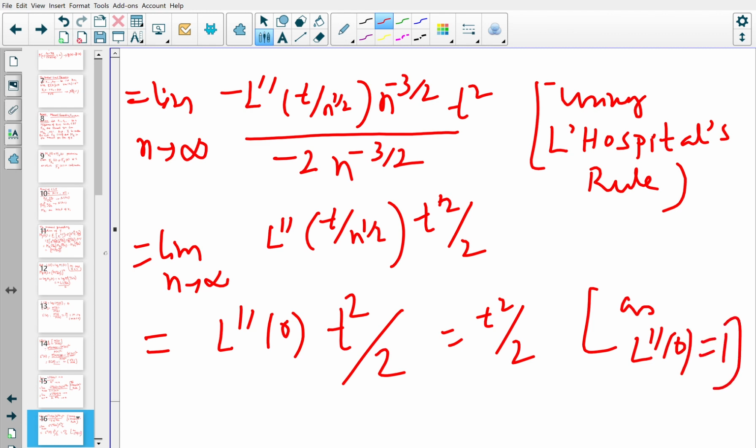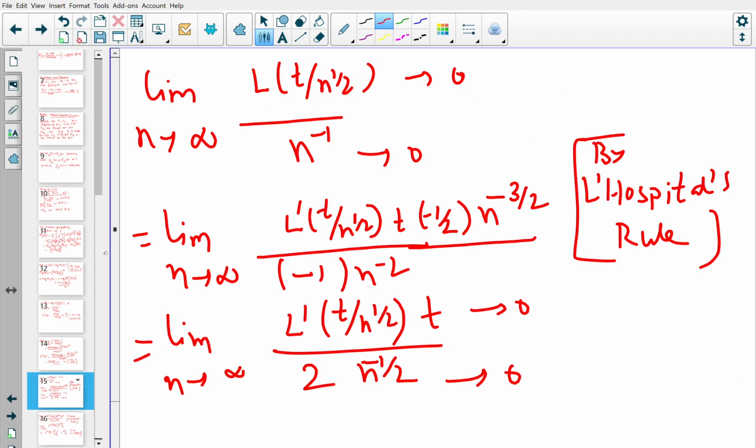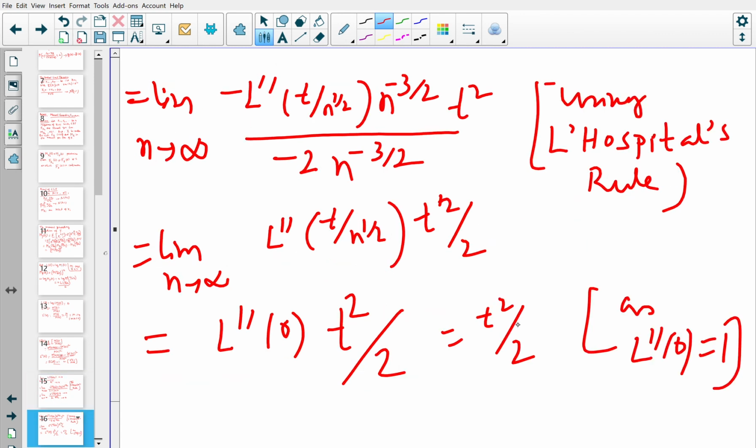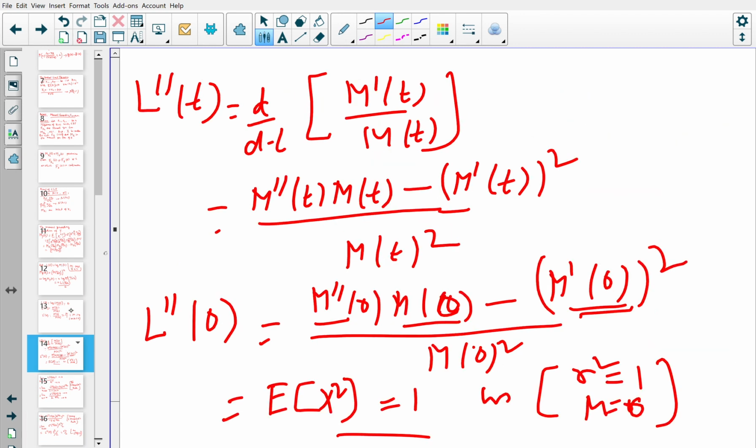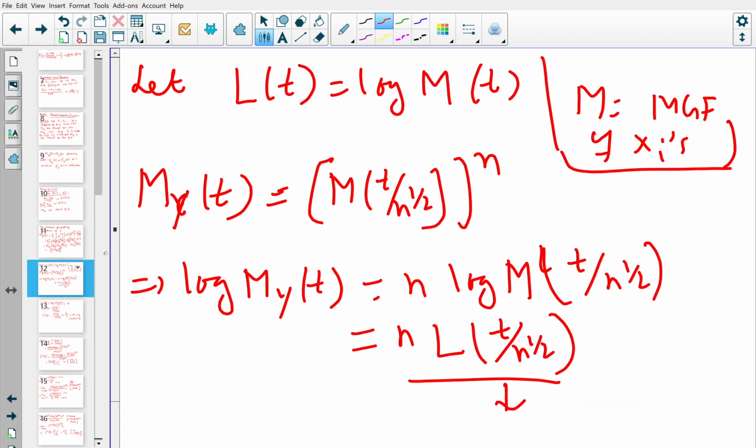So what does that mean? That means the original limit, what we are trying to find out, is nothing but t square by 2, and this is the logarithm of our MGF, the moment generating function, which actually tends to t square by 2.